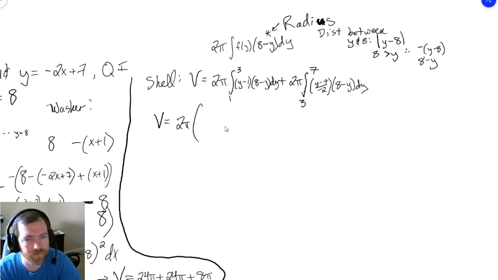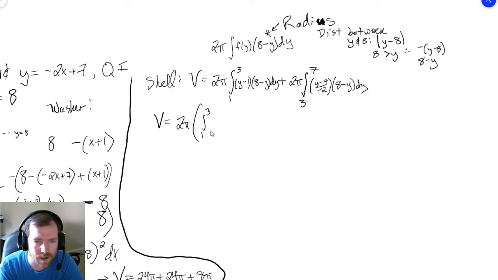2 pi times integral as y goes from 1 to 3, here we multiply these together, this is going to be negative y squared, positive 8, positive 1 is going to be a plus 9y, and a negative 8 dy.